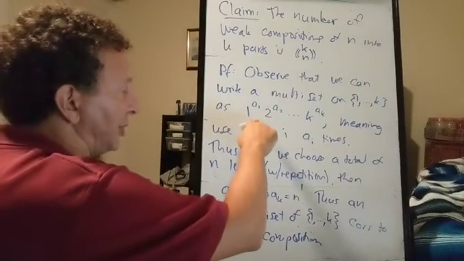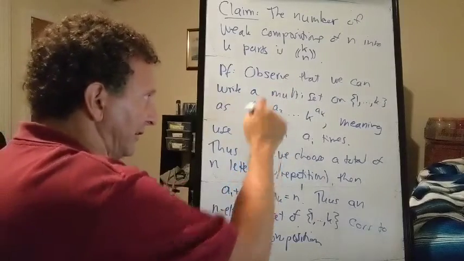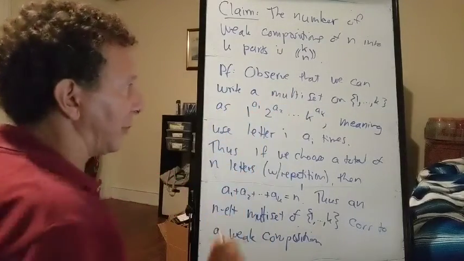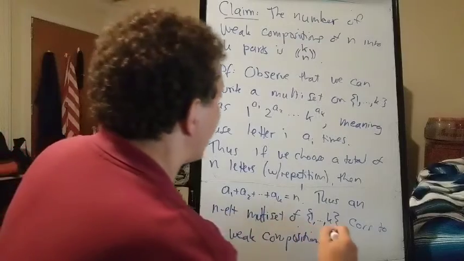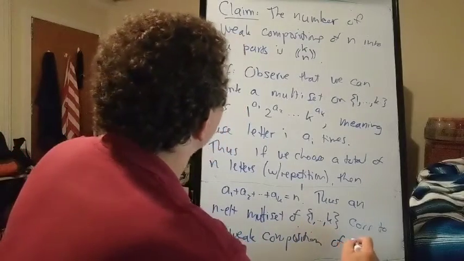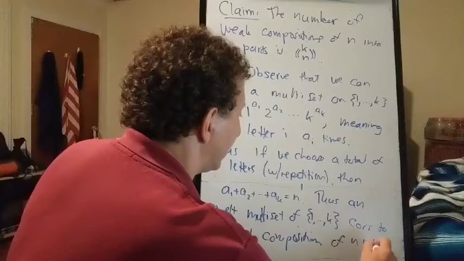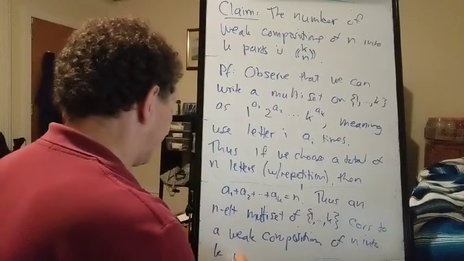Now 0 is allowed because maybe we don't have any 2's, so maybe a2 is 0. So some of these exponent letters can be 0. So weak composition of n into k parts.